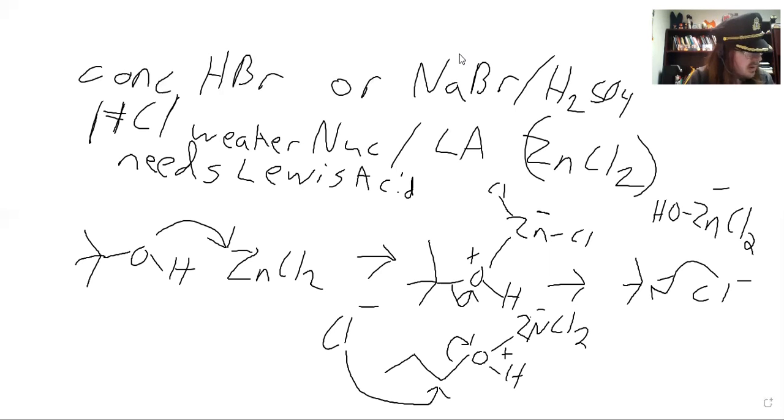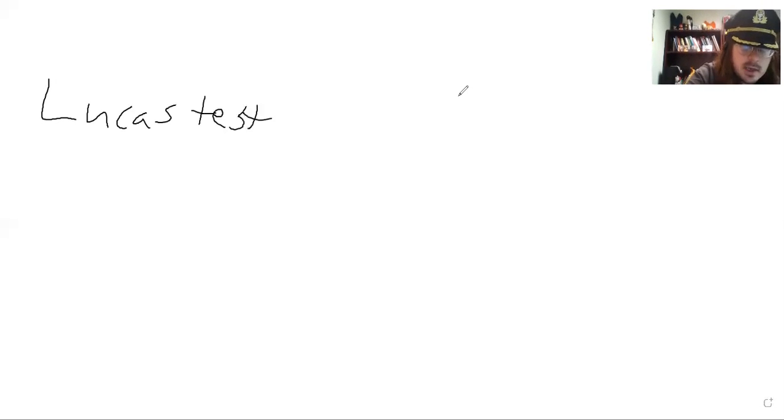Now, this particular test has a name. The nursing chemists learn this if they do this in lab. But it's a name that's very useful for testing what type of alcohol you have. It's called the Lucas test. You're essentially adding HCl and zinc chloride.